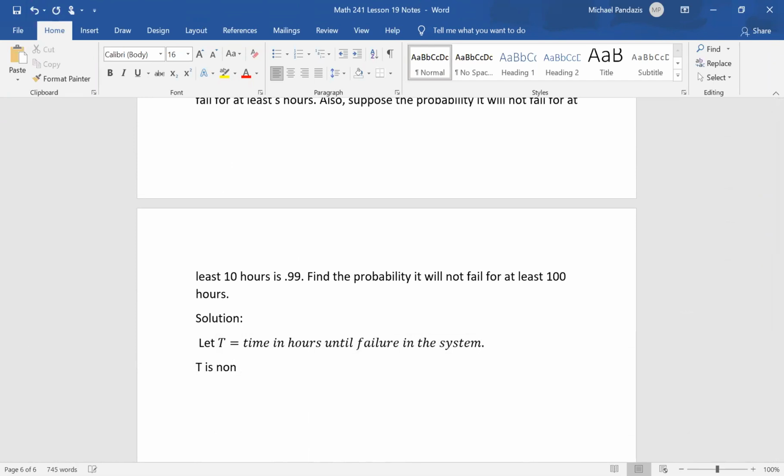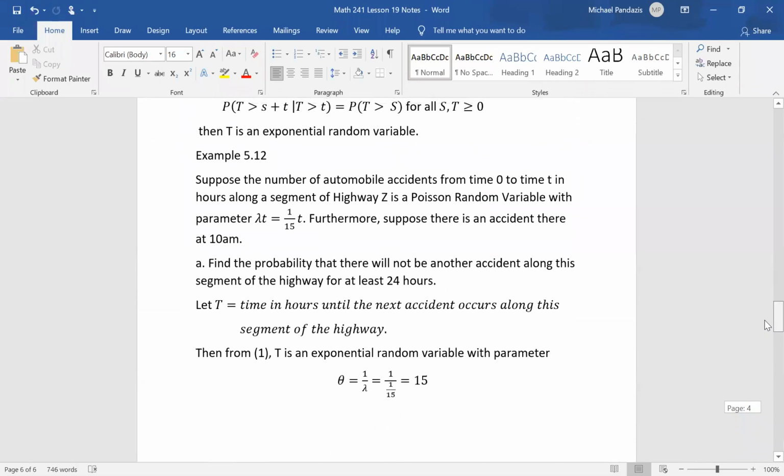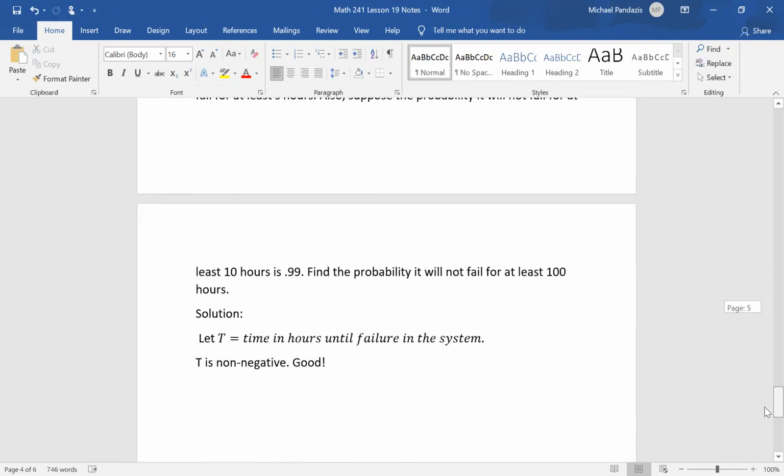Start with the easy one. This is good, right? So the hours until failure is non-negative. And so if T has to be non-negative, which it is, and it has to be memoryless, meaning this equation is true, then the conclusion after that would be T is an exponential random variable.